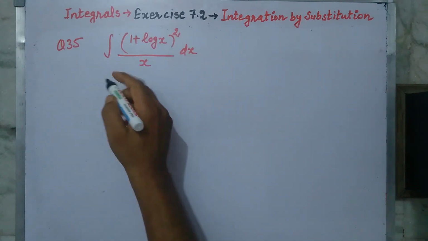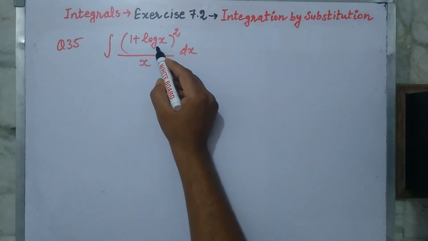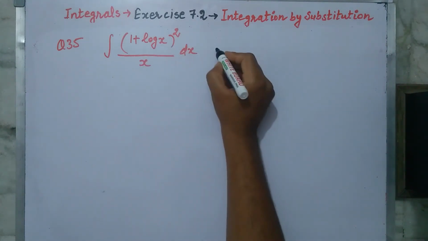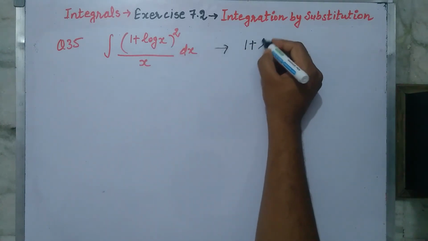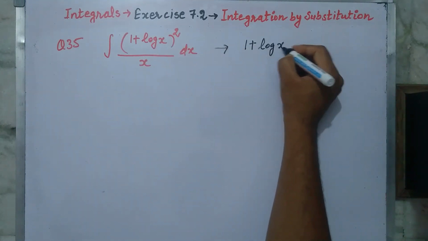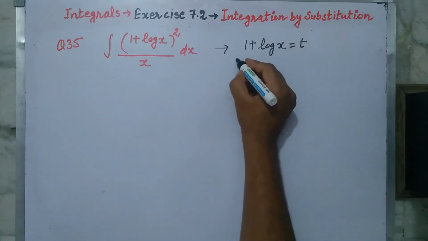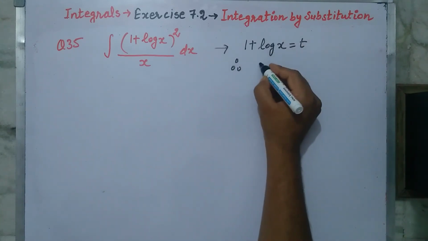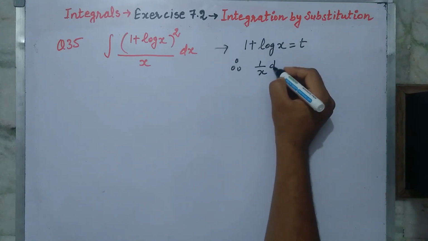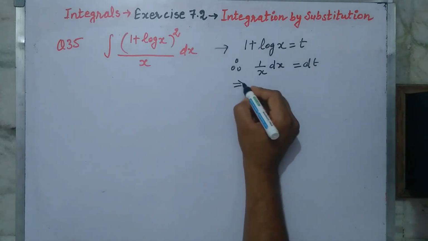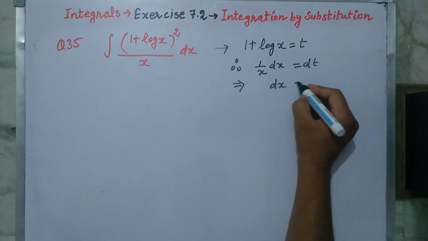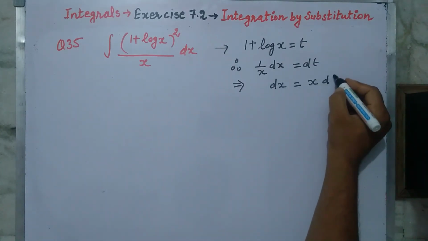In question number 35, 1 plus log x whole square upon x. Here we put 1 plus log x equal to t. Differentiating with respect to x, 1 upon x dx is equal to dt. That means dx is equal to x into dt.